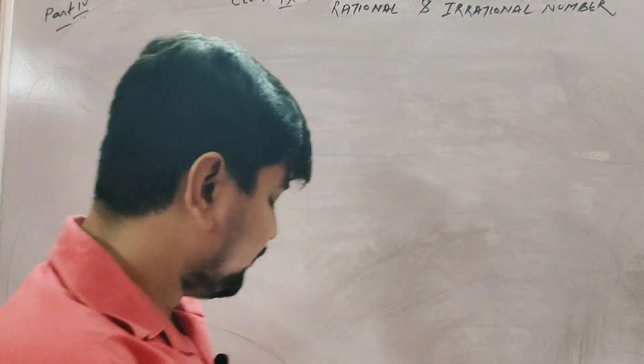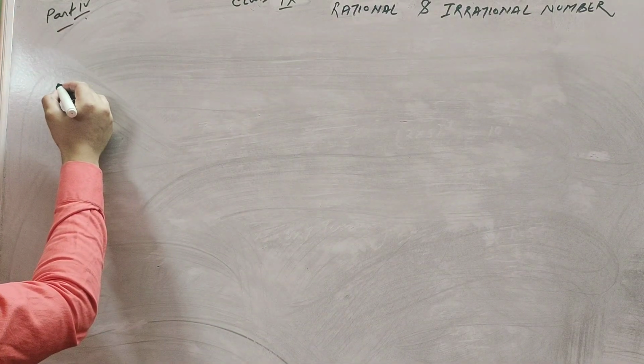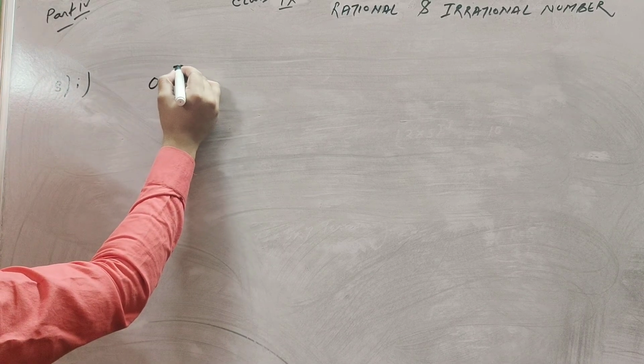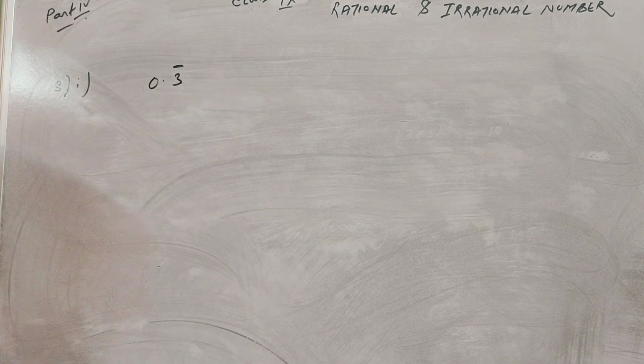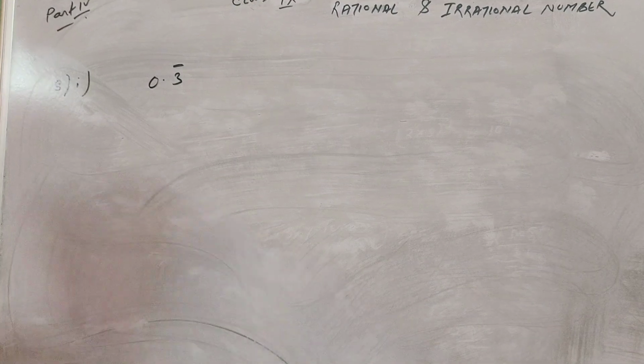Okay, one question from question number 8, 0.3 repeating, and this is given. That means you express it in the rational form.